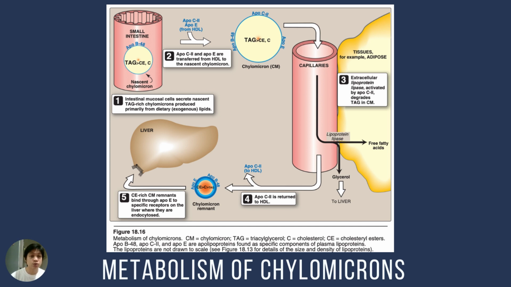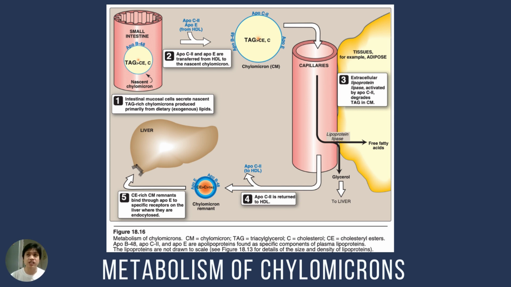So let's start with number one. The location is the small intestine. Chylomicrons are produced by intestinal mucosal cells. So what happens first here is that the lipase that is secreted by the pancreas hydrolyzes the dietary lipids, releasing free fatty acids.